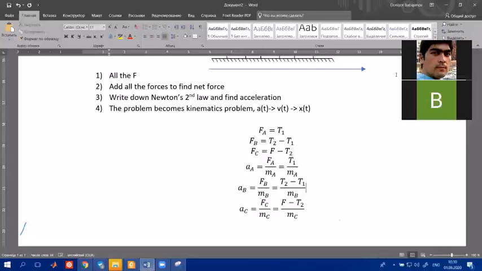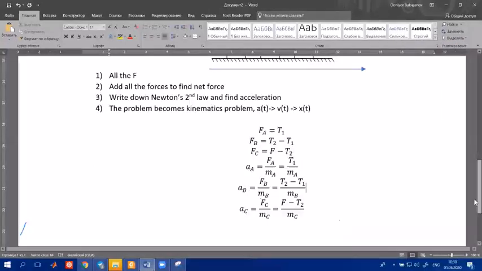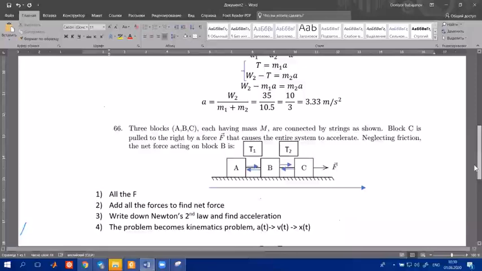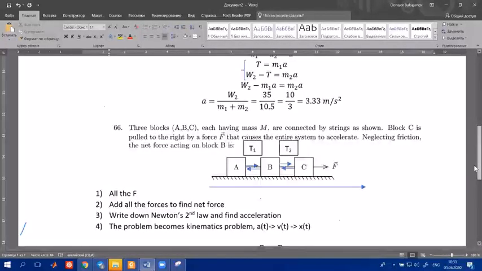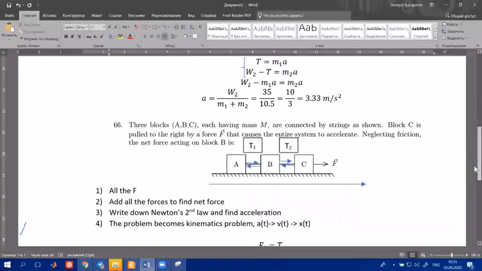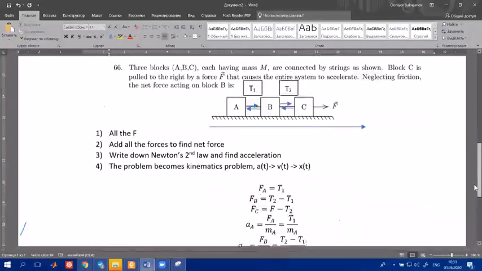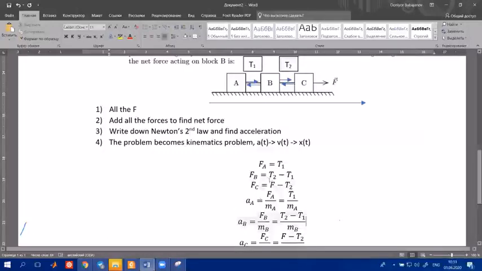So what was the question? The question was to find the net force acting on the block B. So net force acting on the block B is T2 minus T1, but we don't know T2 minus T1.